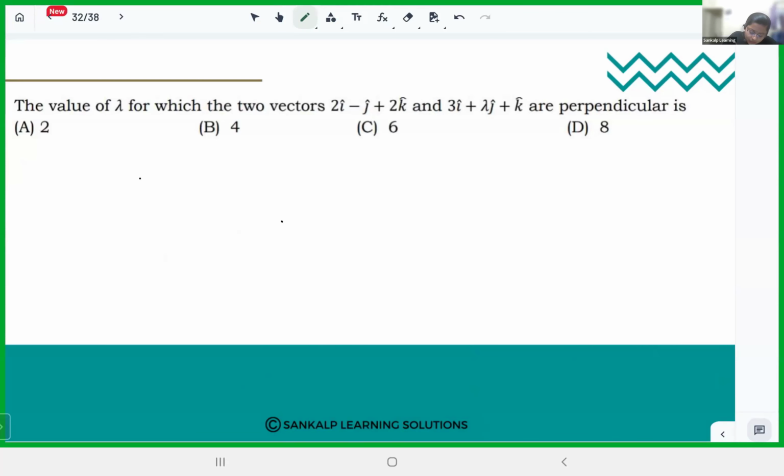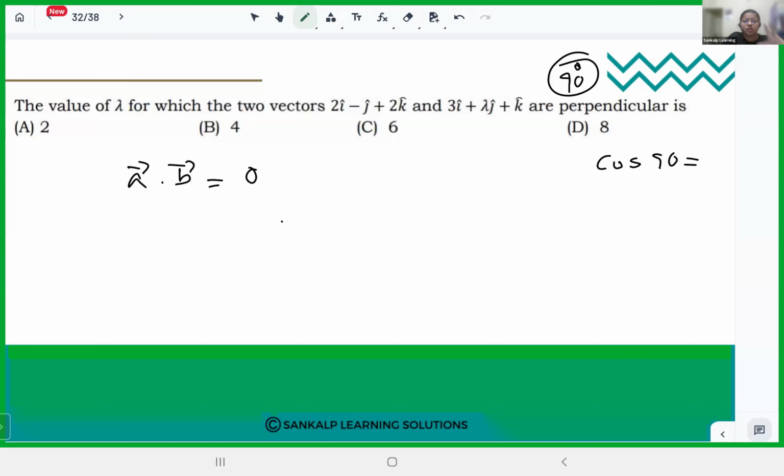We know if two vectors, vector A and vector B are perpendicular, then their dot product will be equal to 0.